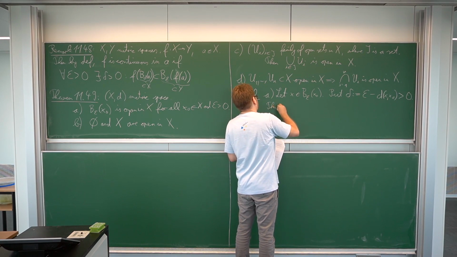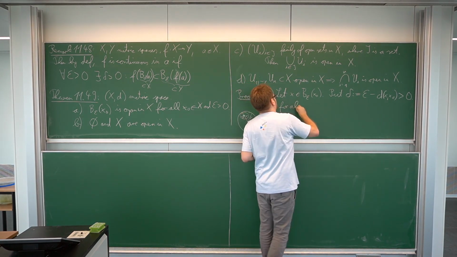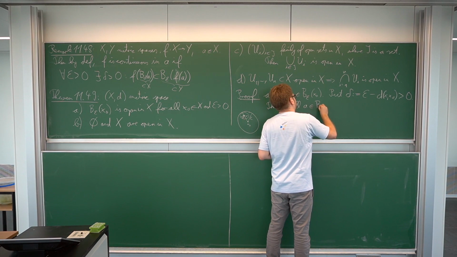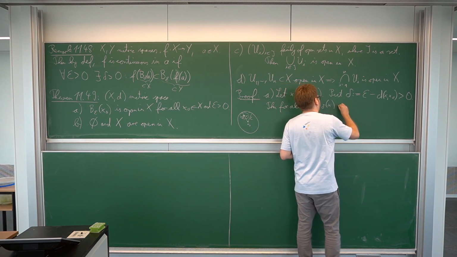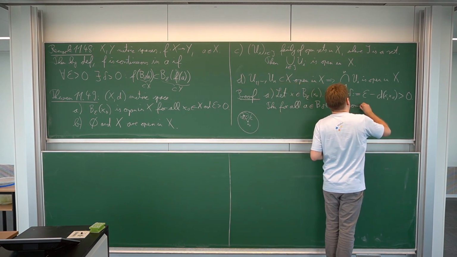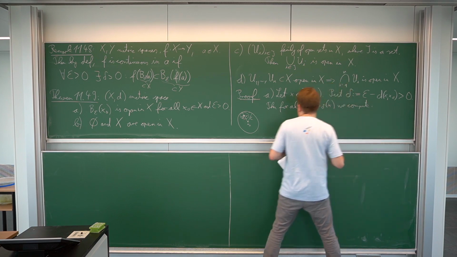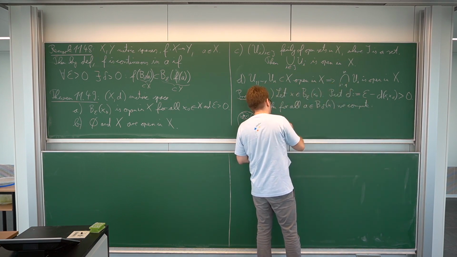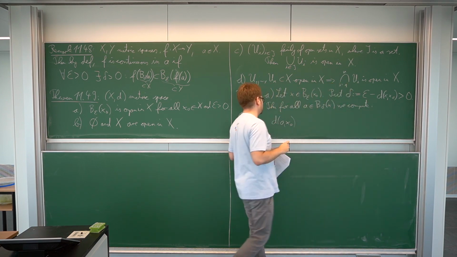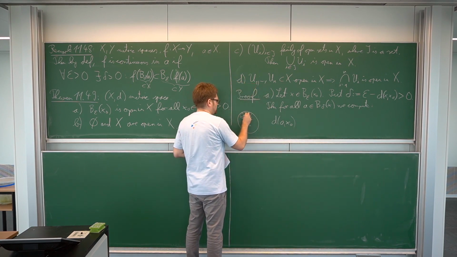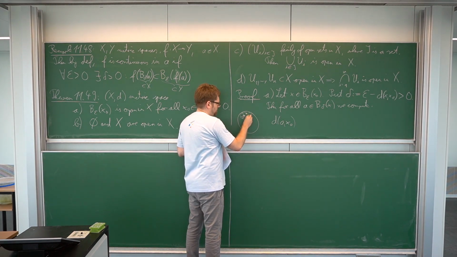Then for all points a in B_delta(x), we compute the distance from a to x0, and here we can use the triangle inequality. If we are somewhere inside this small ball, the distance from here to x0 is smaller than this distance plus this distance.